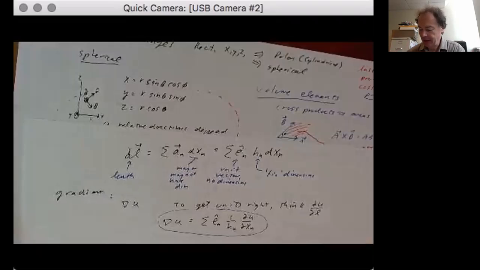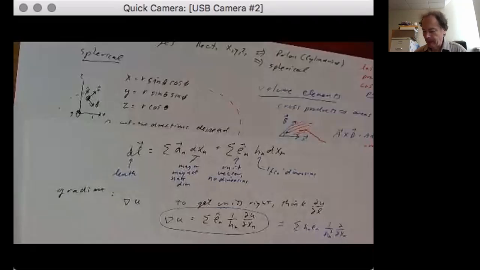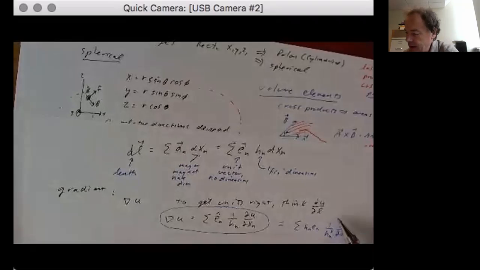By the way, there's another way to think about this, and it's kind of an odd way, but the gradient equals the sum of the h_n e_n, which is the a_n, of course, 1 over h_n squared times partial x_n. And this is sort of the tensor way to think about it.